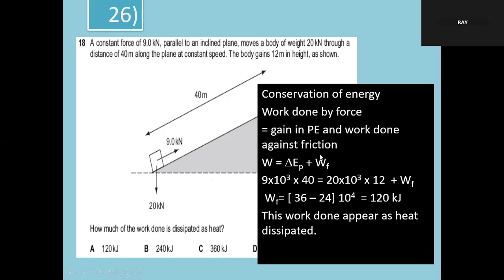This is not given. That one is given, that times this distance 40 meter, and change it to Newton. That height is 12, and that's what you want to find. Work done against friction. A.